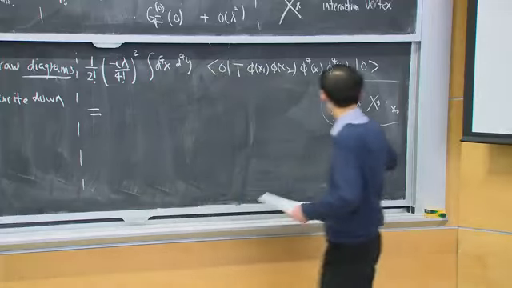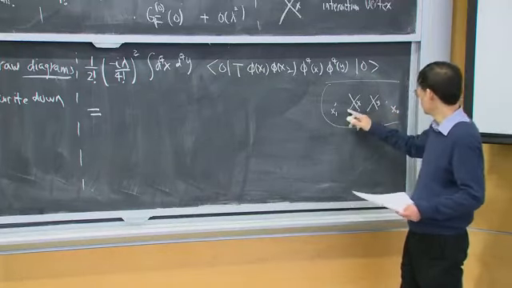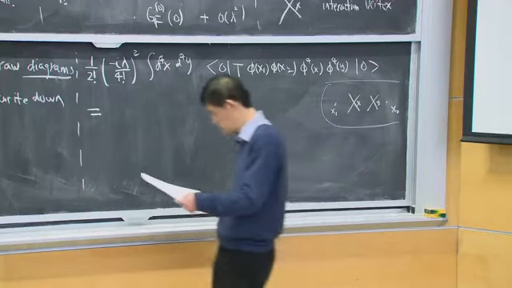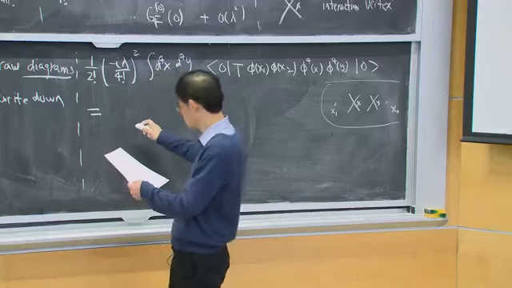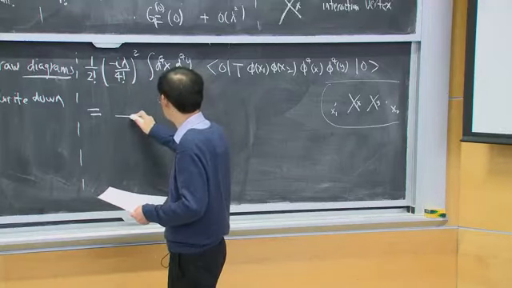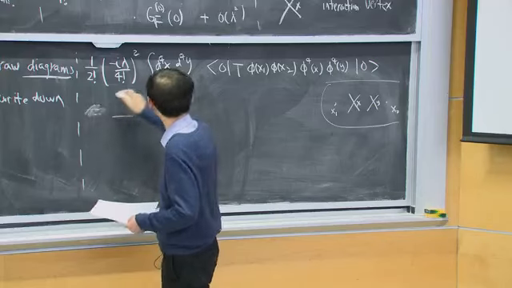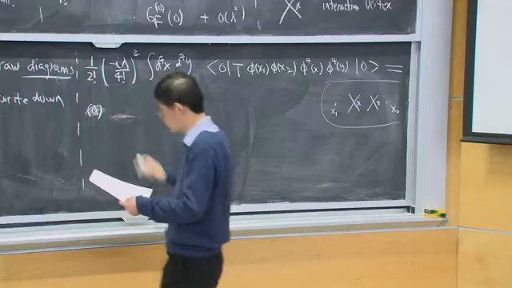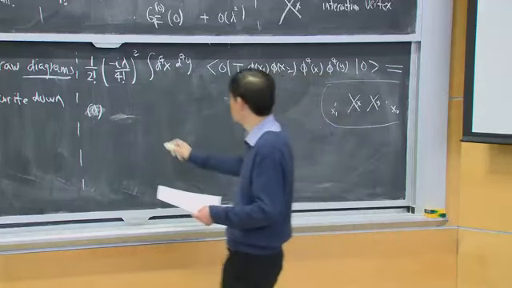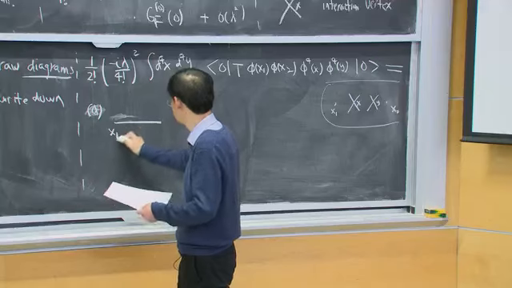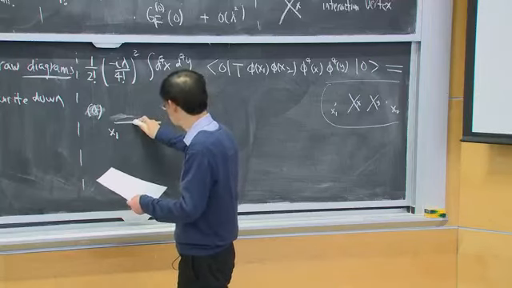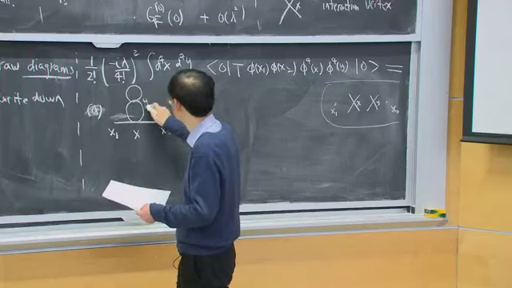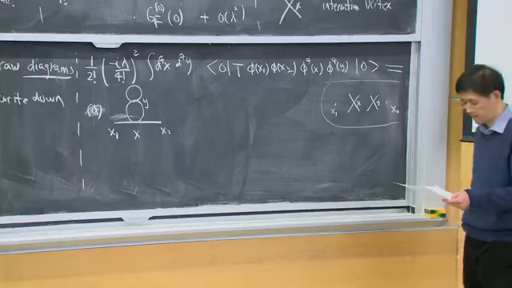The first one: you take x1 and x2, they both connect to x, and then x connects to y. So this is one of them.